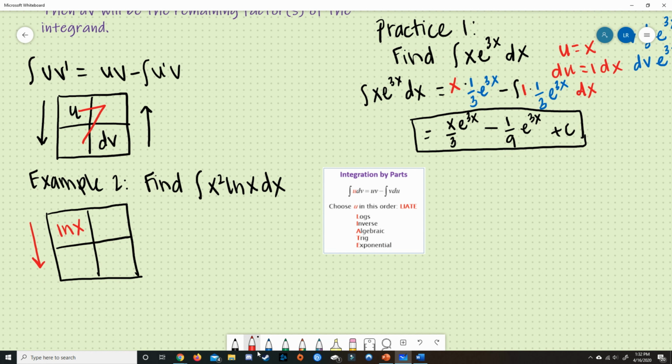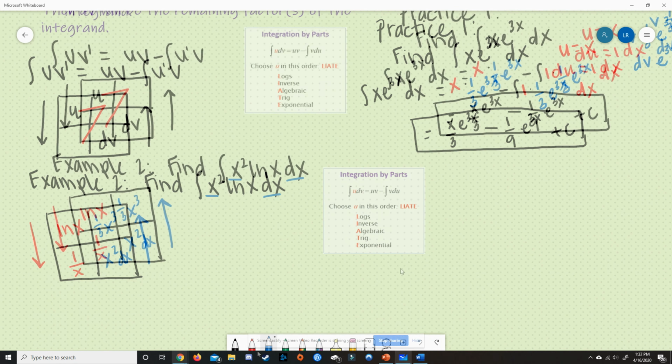Going downward, we'll take the derivative. The derivative of ln of x is 1 over x. Now the rest would be our dv, so x squared dx, and going this direction, we are going to take the integral. The integral of x squared dx is 1/3 x cubed.